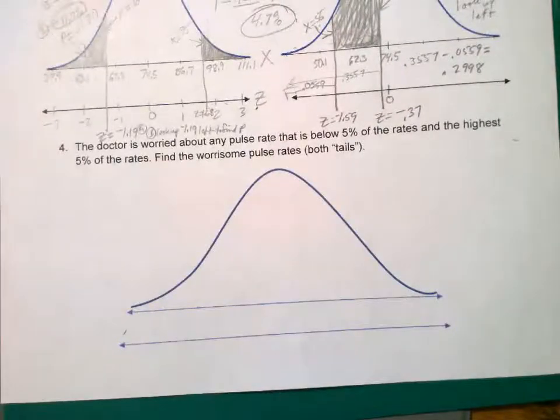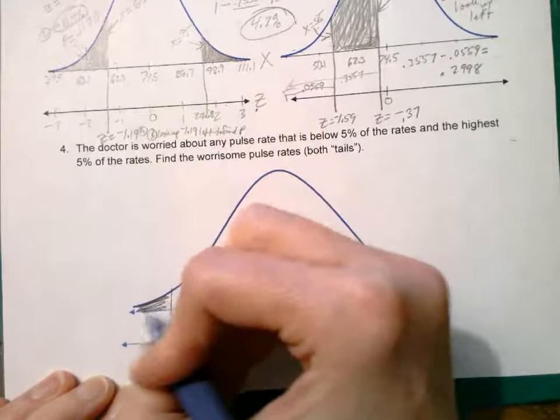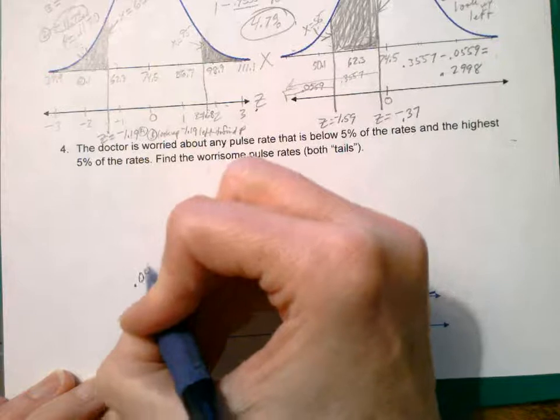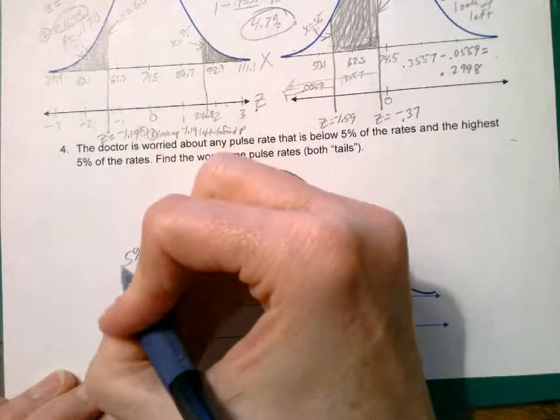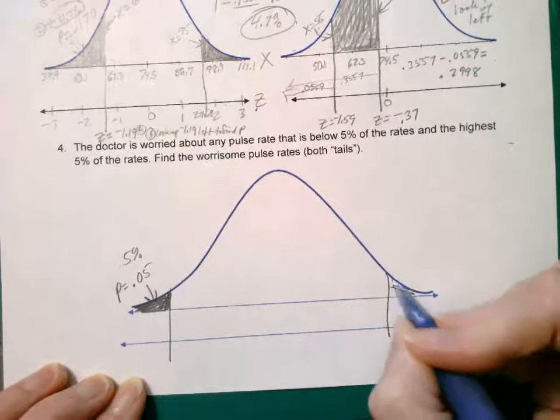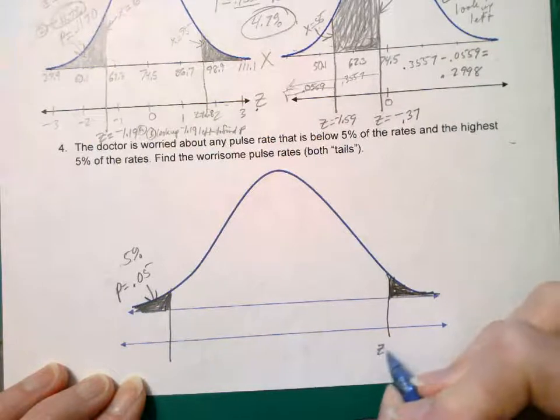Okay. Very last one. The doctor is worried about the pulse rate. So we're still looking at patients that are below 5% and above 5%. So these are worrisome pulses, and they're looking for this. 5%, move the decimal two places, 5% here and 5% here.